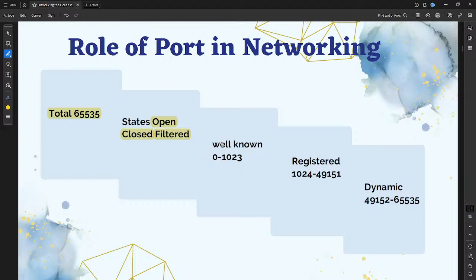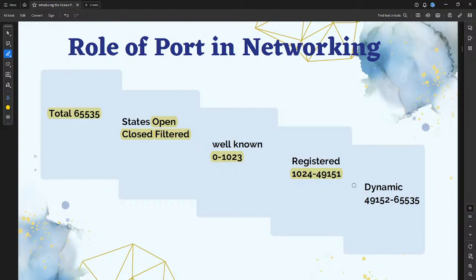What else? We also have well-known ports, and these are ports from 0 to 1023. It's important to note that right here is where we have different ports and their services, like FTP, HTTP, things like this. We also have registered ports.